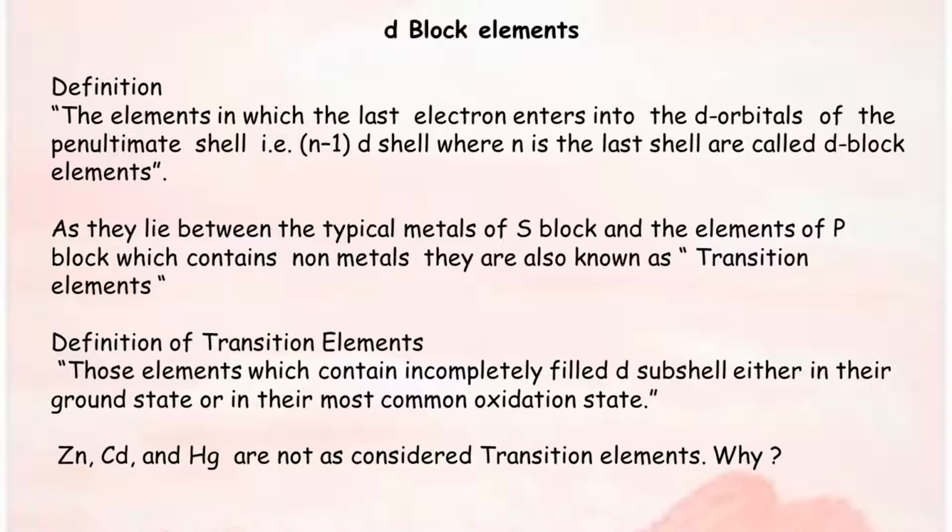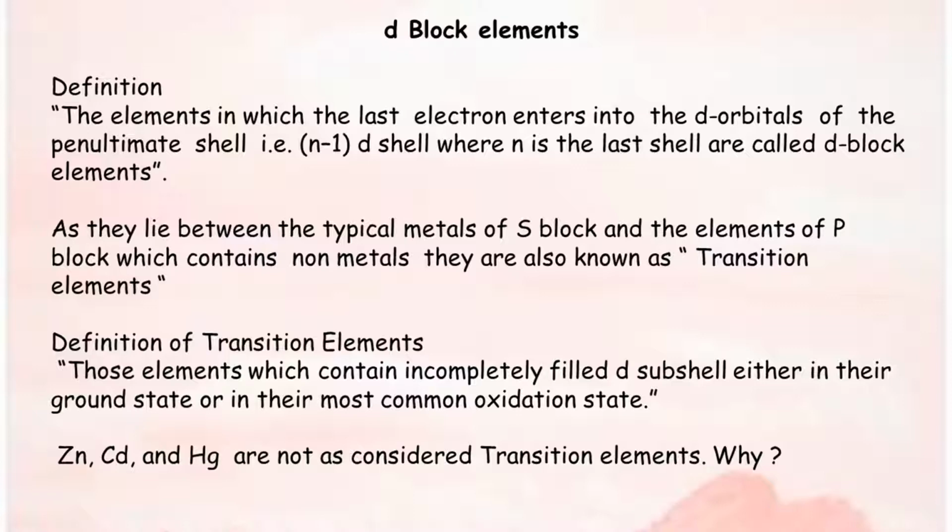Transition elements are those elements which contain an incompletely filled D subshell, either in their ground state or in their most common oxidation state. Based on the definition of transition elements, there is a question: why zinc, cadmium and mercury cannot be considered as transition elements?